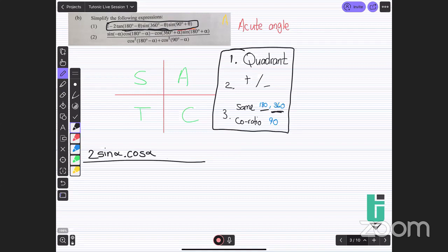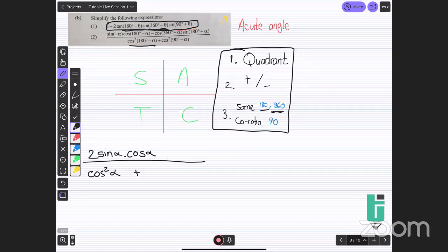So which quadrant is it? It's in sine's quadrant. Cos is negative, but when you square it, it will become positive. So it's cos squared alpha. You see it's not negative.